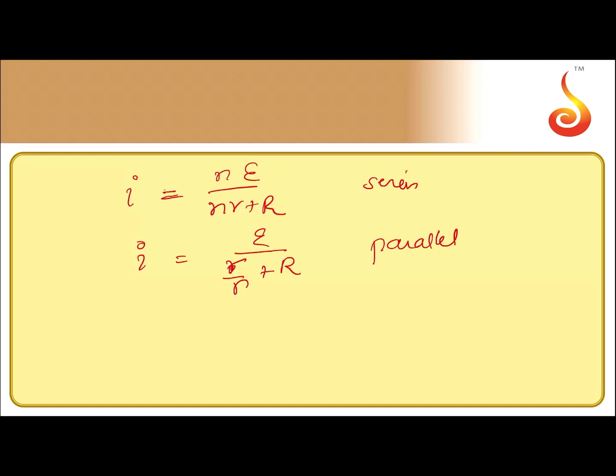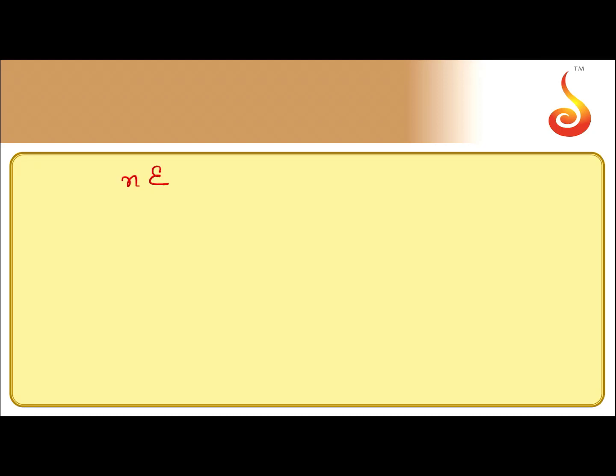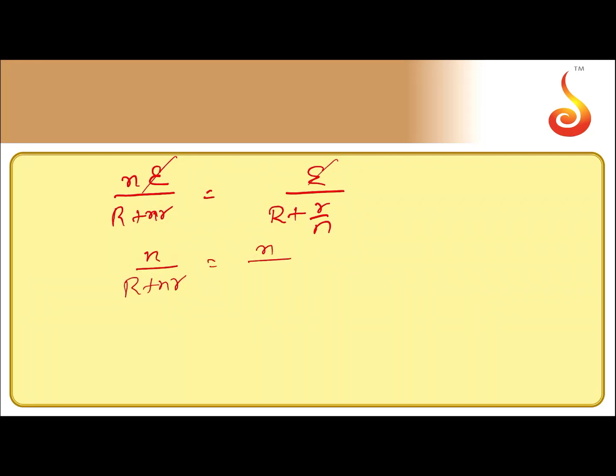And these two are equal to each other. So I can write NE divided by R plus Nr is equal to E divided by R plus r divided by N. So you notice that this E and this E get cancelled and we get N divided by R plus Nr is equal to N divided by r, NR plus r.